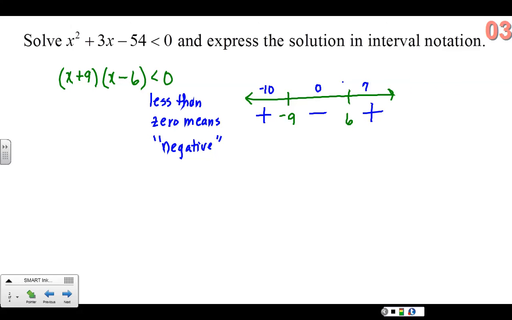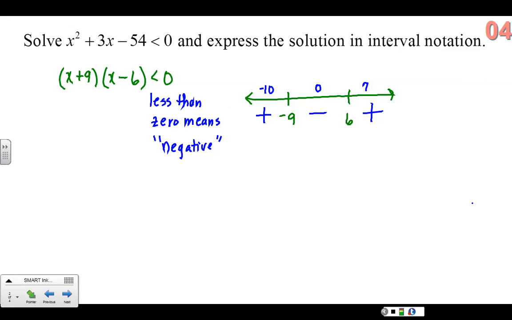Where is it negative? Well, it looks like the interval where this polynomial would be less than 0 is between negative 9 and positive 6. So for that interval, we're not going to include the endpoints because notice this doesn't have the little equal to mark underneath it. If you had that line underneath, that means equal to, and we would include these endpoints.